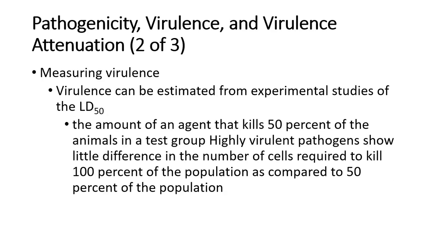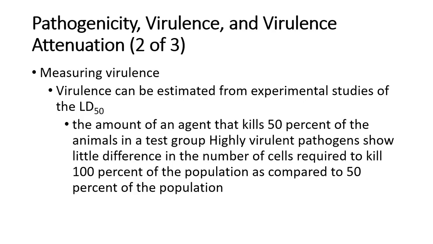We can measure virulence using the LD50, which is the amount of the agent that kills 50% of the animals in a test group. Highly virulent pathogens can be very, very high in the numbers required to kill compared to 50%.